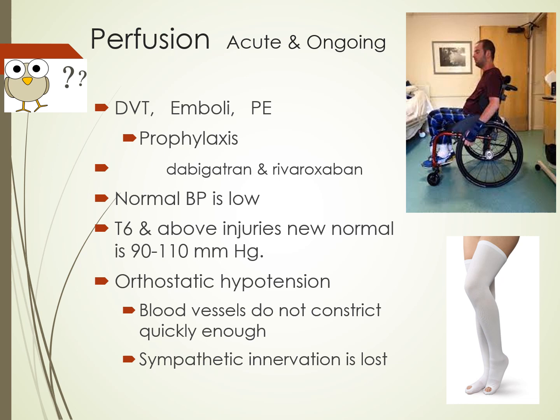They have issues with orthostatic hypotension, as you can imagine, because of the lack of innervation into the vascular system. So those veins and arteries are less taut, blood is more likely to pool, so that sympathetic innervation is lost. So if you raise the head of the bed really quickly, or drop their legs quickly, they're more likely to experience some hypotension.